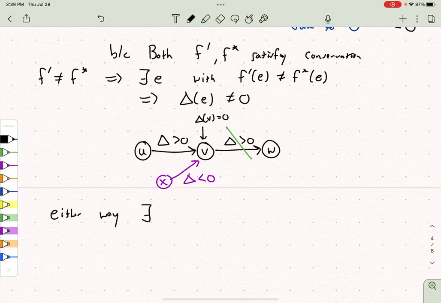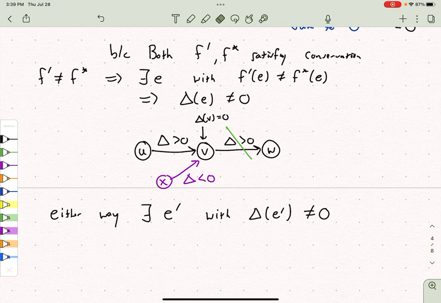In either case, there exists another edge, E prime, with delta of E prime not equal to 0. In particular, let's rename these. So let's say it's E1, and let's call this E2.